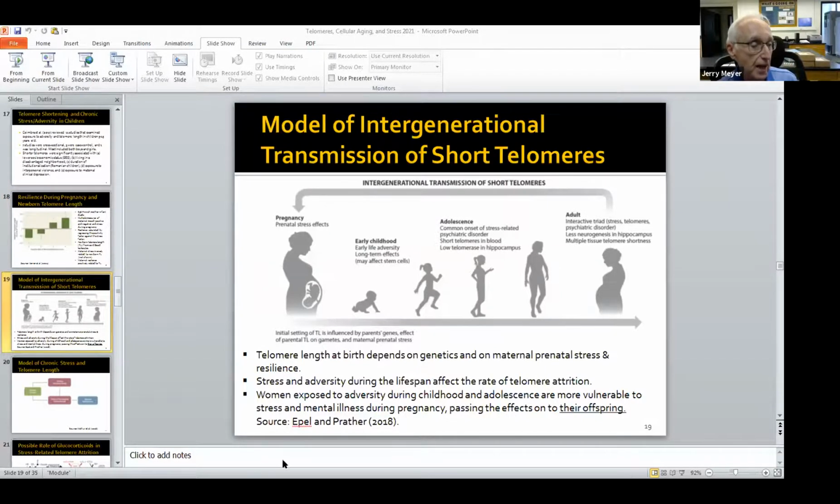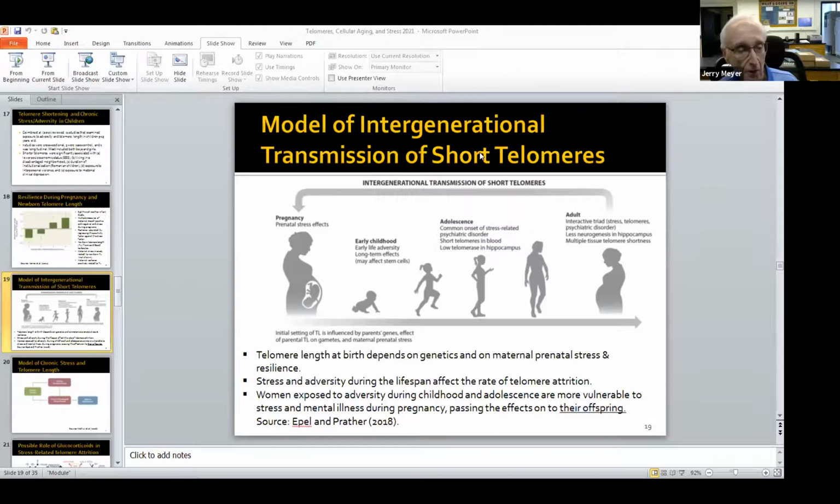Elissa Epel is one of the outstanding researchers in the telomere field. I highly recommend her work, and we're going to see a few papers of hers cited here. But this is just a cartoon from this review of intergenerational transmission of short telomeres.